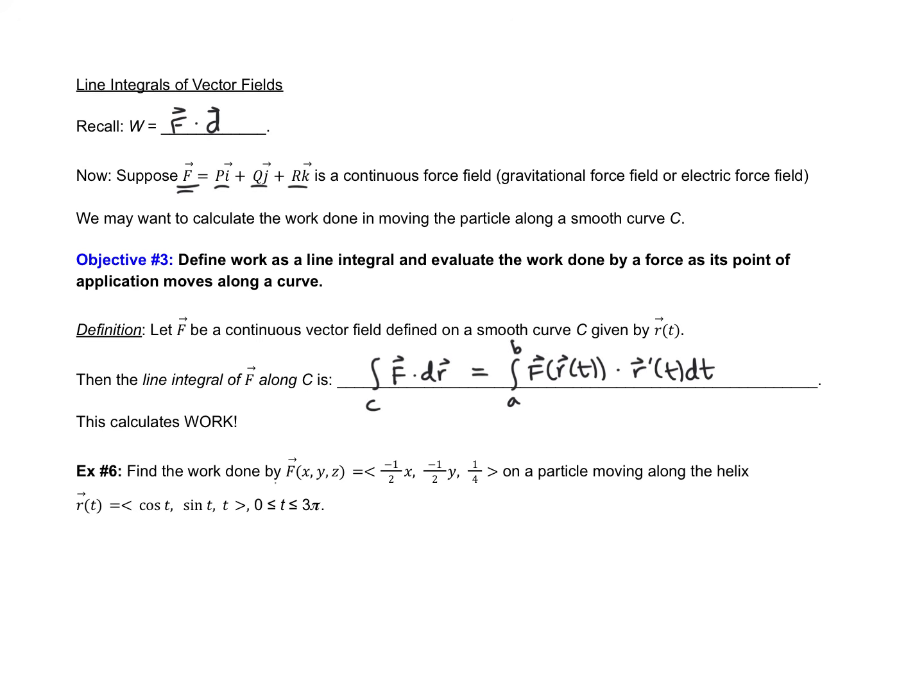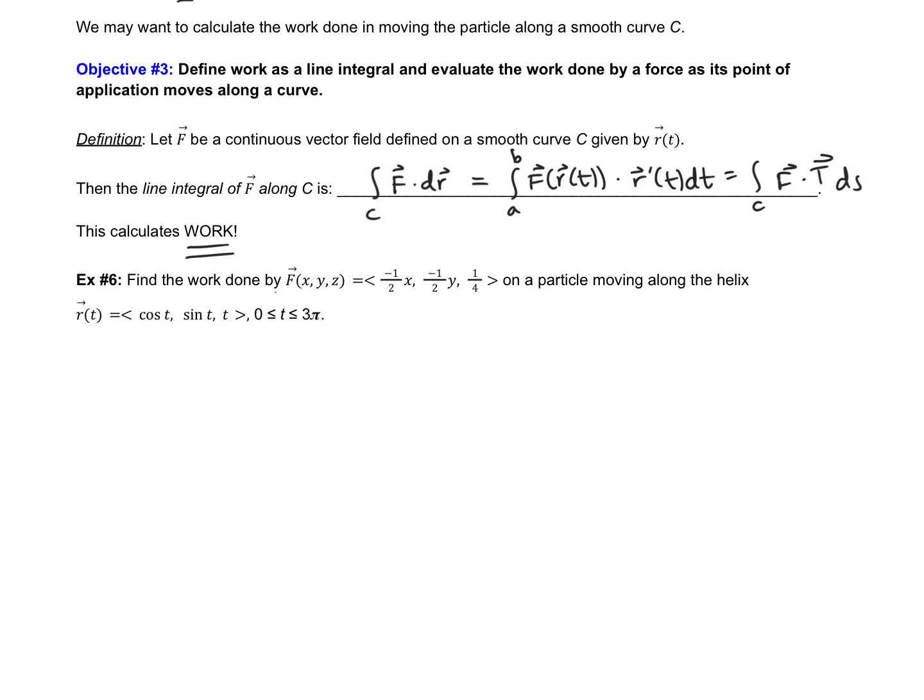These are two vectors, so we're taking the dot product. Alternately, this can also be written as the line integral of f dot T ds. What this does is it calculates work. And so, of course, we're going to do an example that has to do with work.